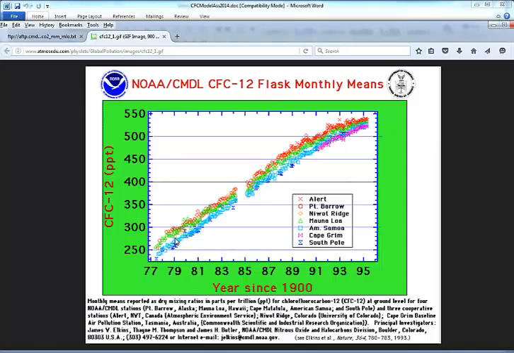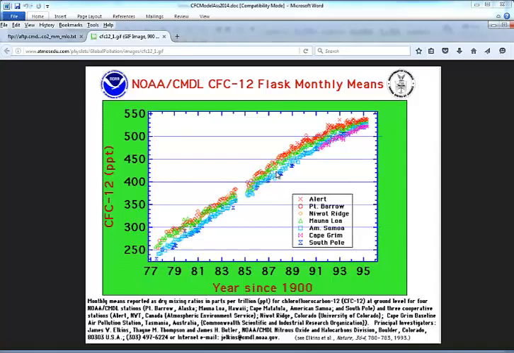So, for example, in 1979, the CFC12 concentration was about 280 parts per trillion. Okay. 1983, we could go up here, and it's gone all the way up to maybe I could say 350 parts per trillion.